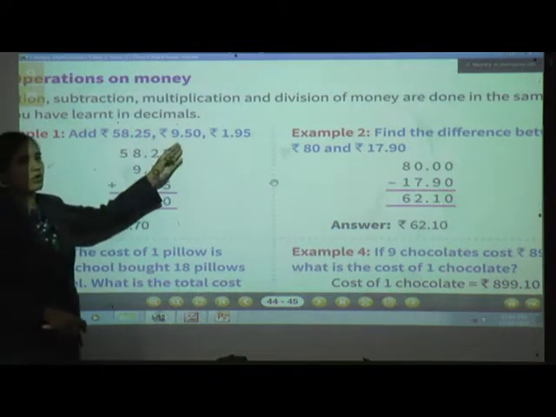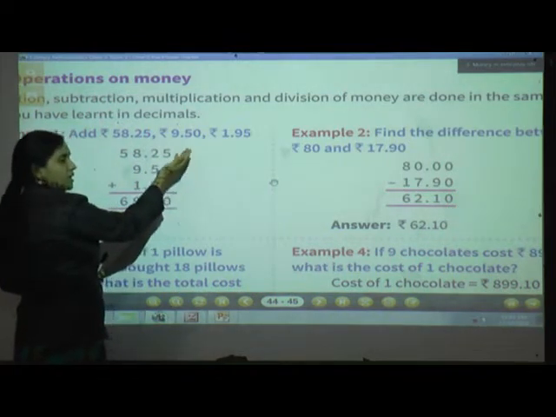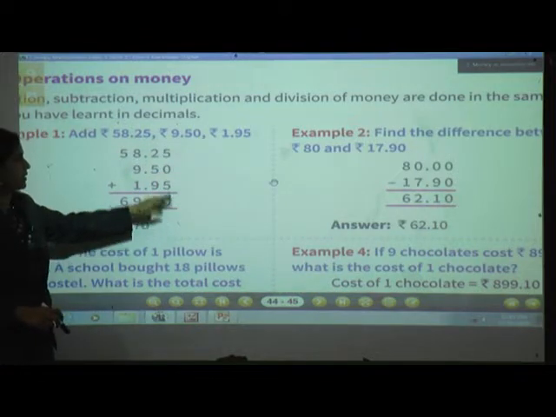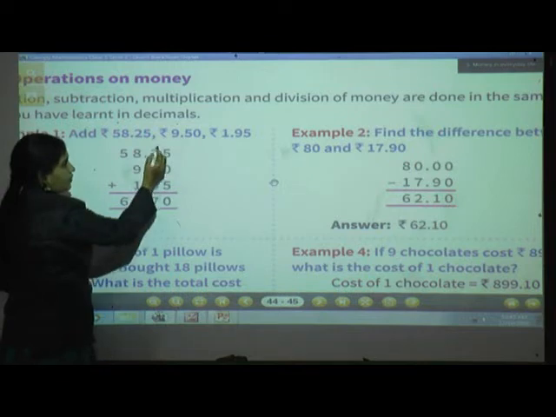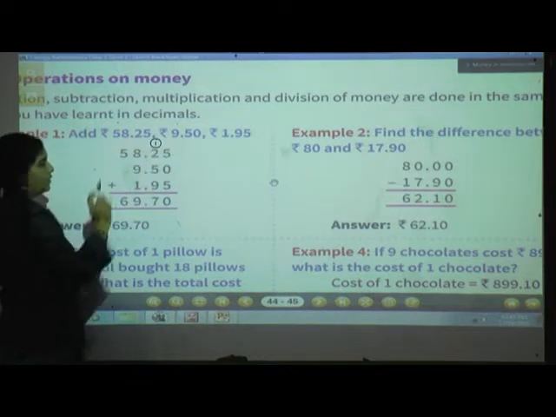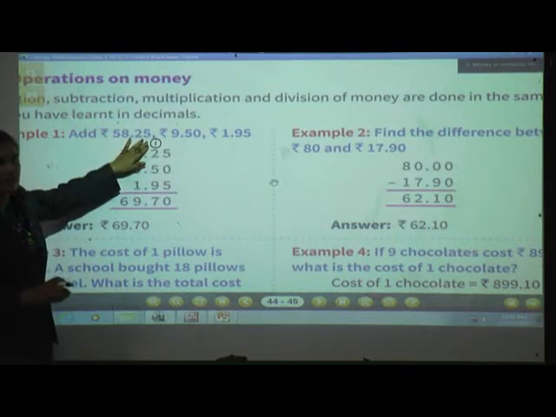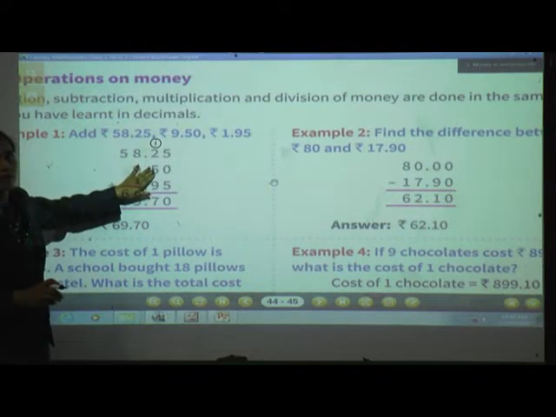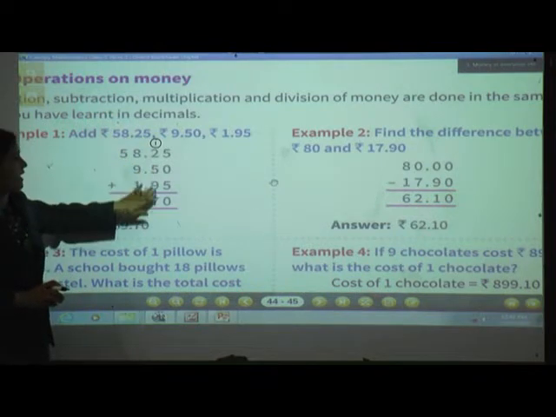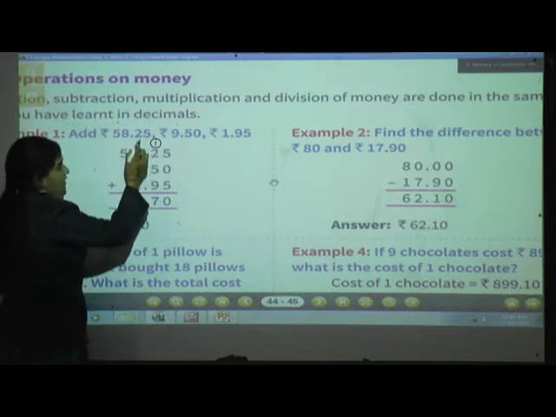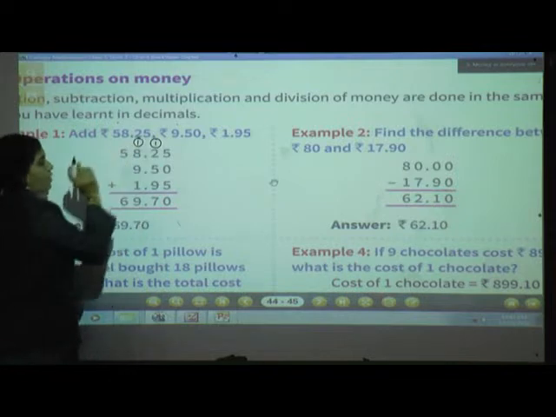Now we'll solve from the right side as usual. 5 plus 5, 10. We'll write 0 and carry 1. Now 2 plus 1, 3. 3 plus 5, 8. And 8 plus 9, 17. So we'll write 7 and carry 1.